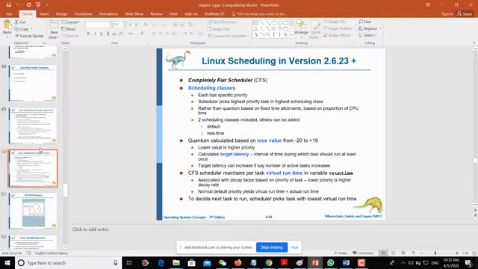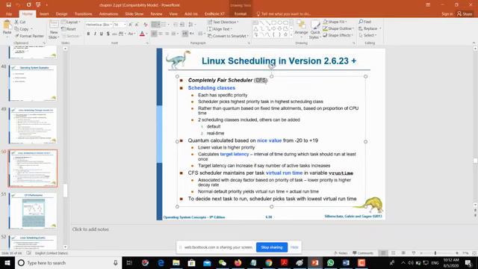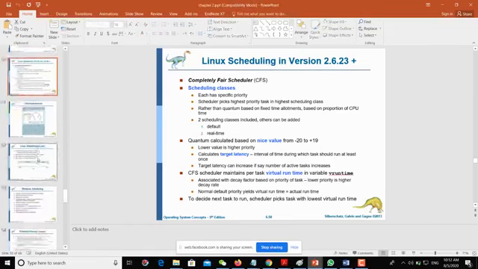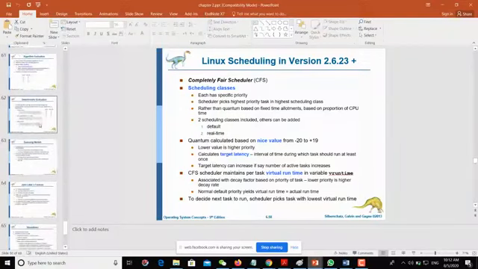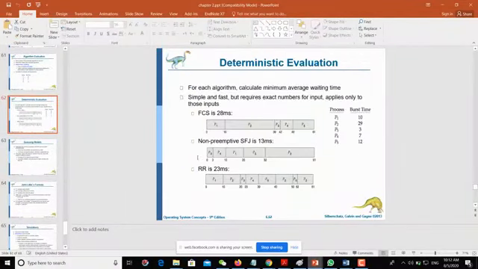Here we have CFS, the completely fair scheduler, which is a mix of a few different algorithms or policies. So we have P1 at 10 milliseconds.